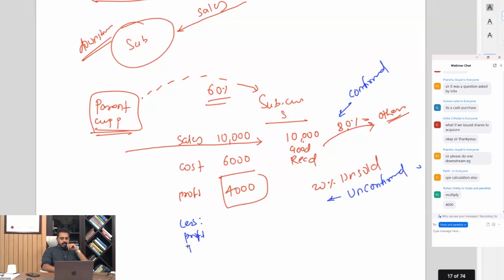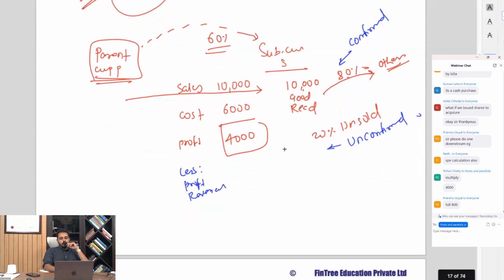So then how much of this 4,000 profit you need to reverse? That's the question we want to ask. That this 4,000 profit, some part of it I need to reverse. Okay, how much will I reverse? So here's how. You will say 4,000 is the total profit I've earned by selling to subsidiary, but hey, I own only 60% of that subsidiary.